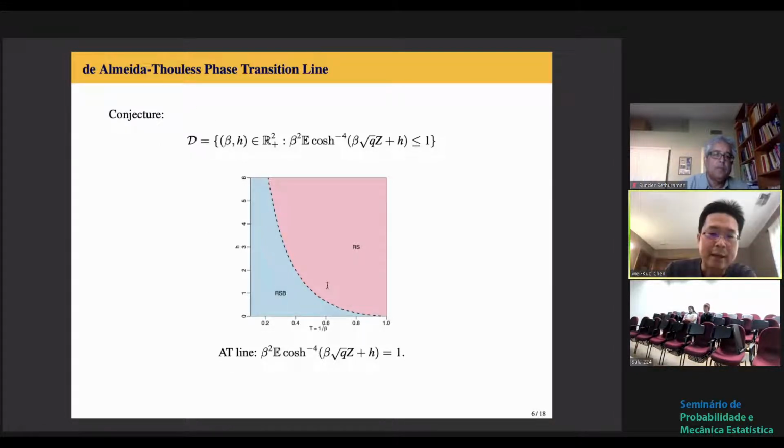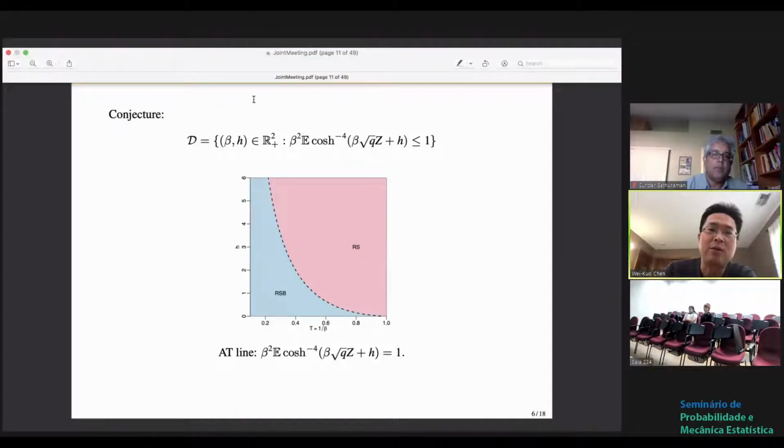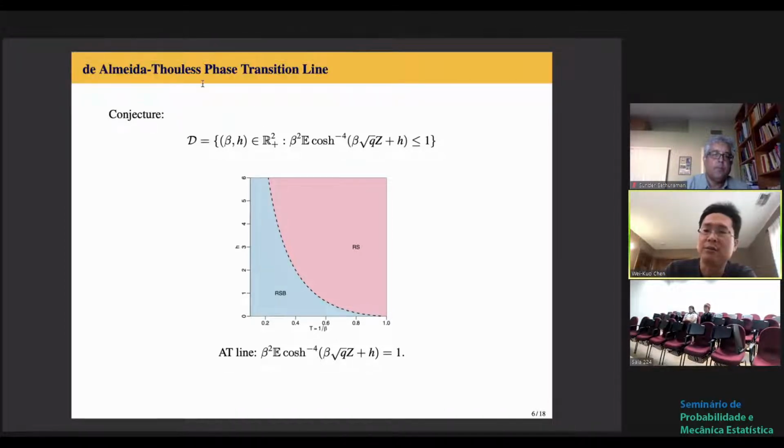In particular, there's an inequality, and when equality holds, that is the so-called phase transition line of Almeida and Thouless. You see this dotted line is equation 89.